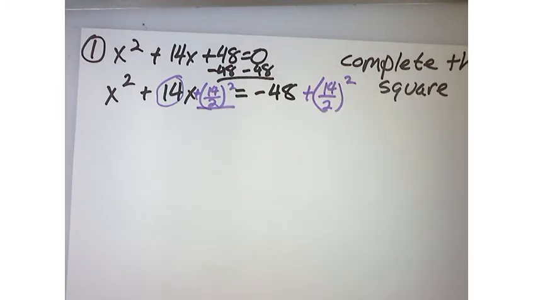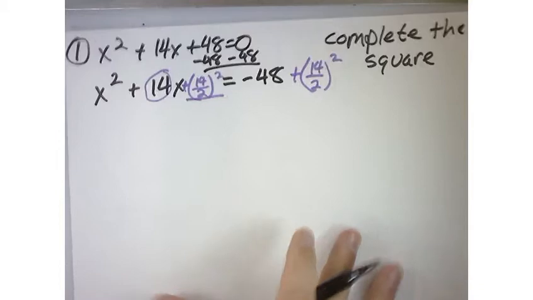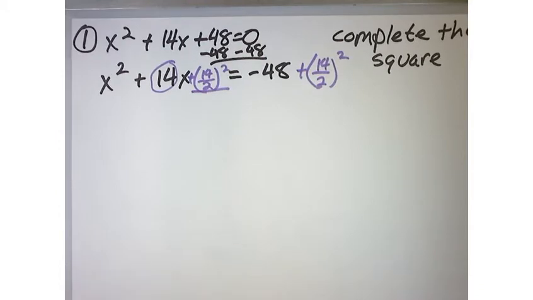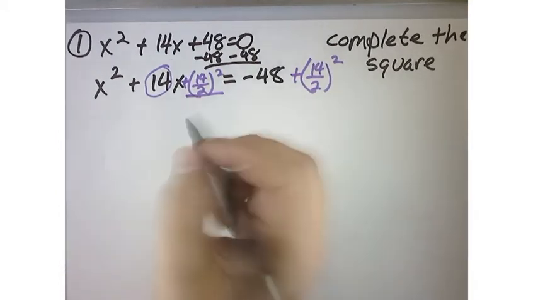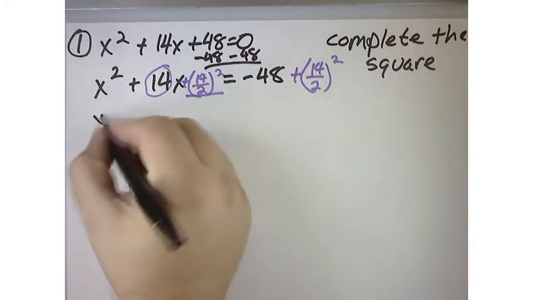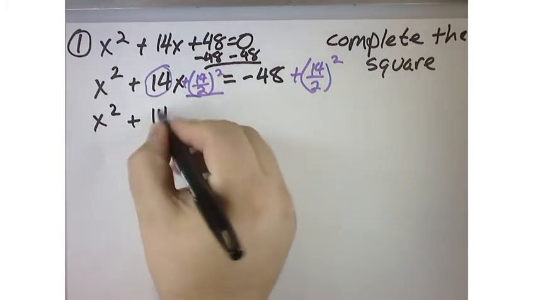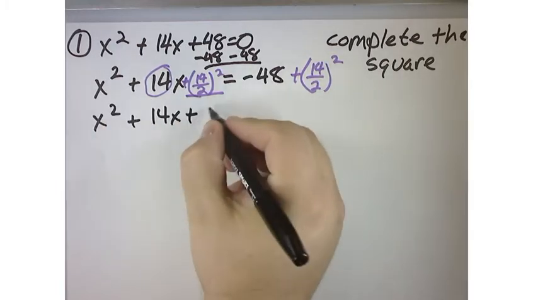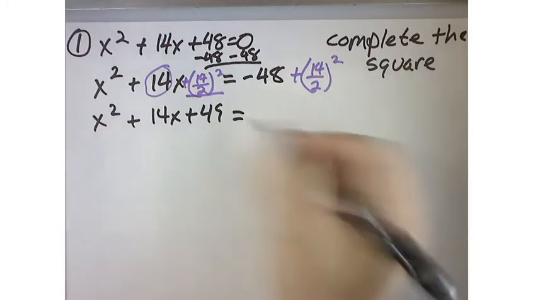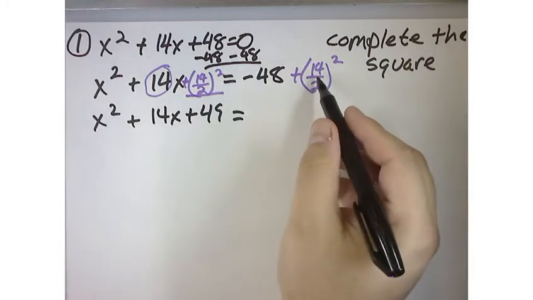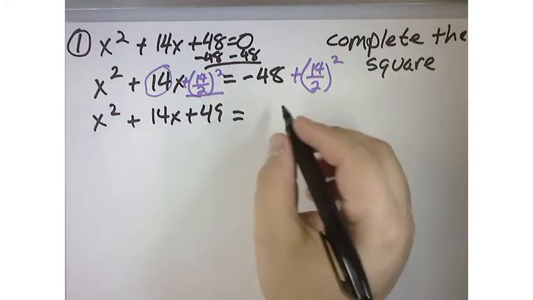What's 14 divided by 2, by the way? 7. What's 7 squared? 49. So now my next line is x squared plus 14x plus 49 is equal to, and then if I have 49 over here minus 48, what am I left with?